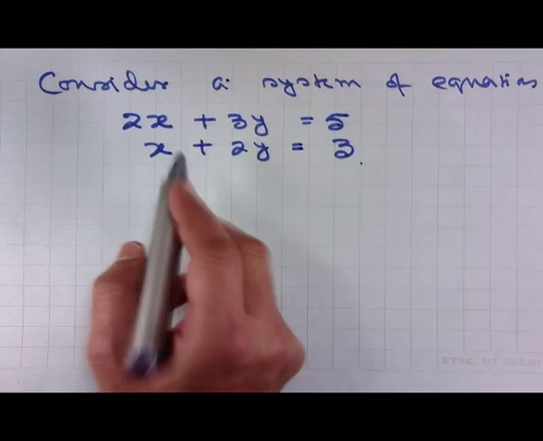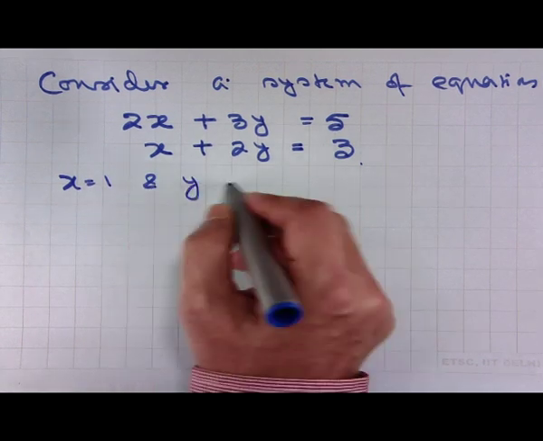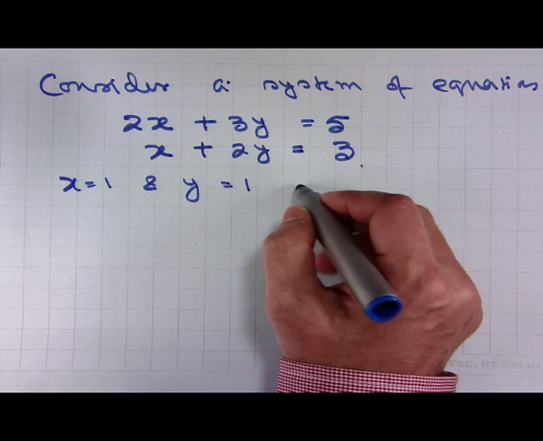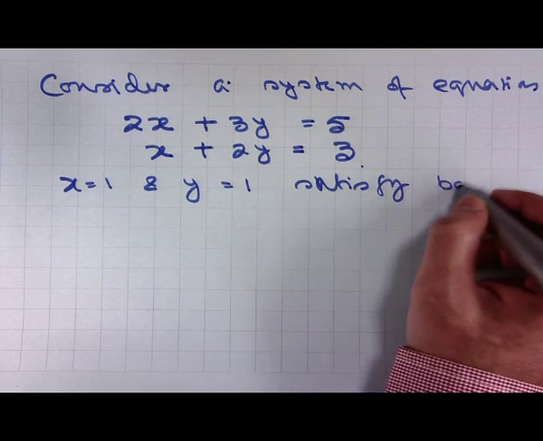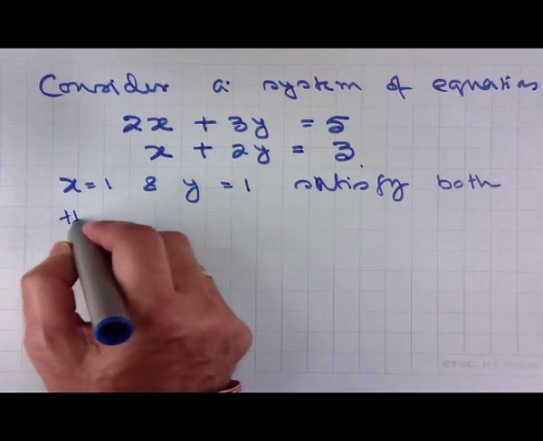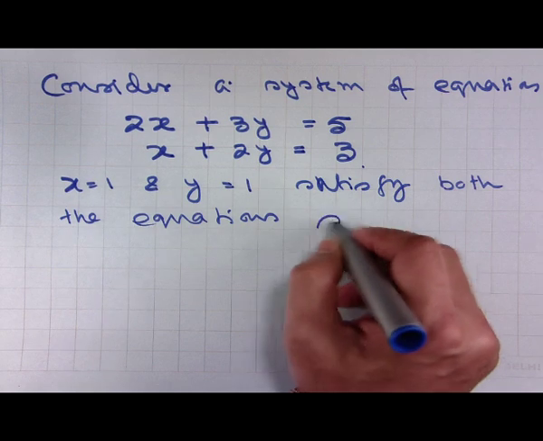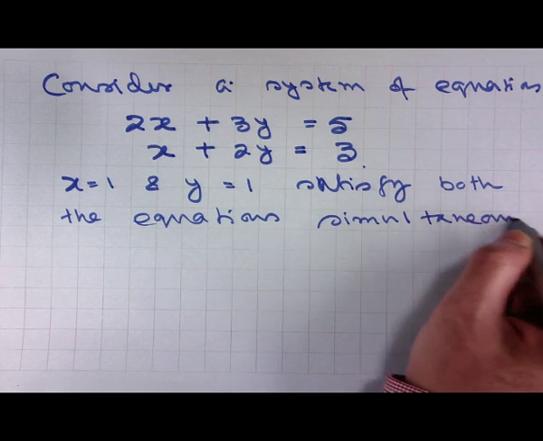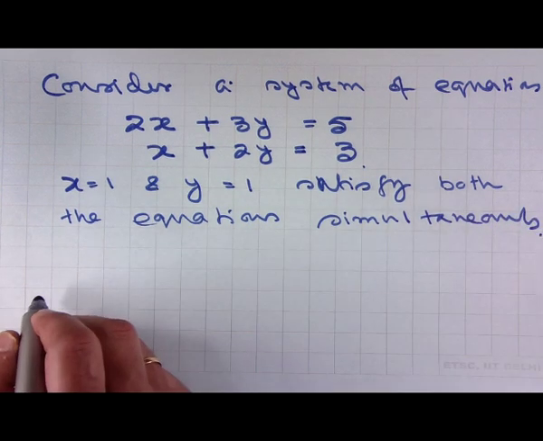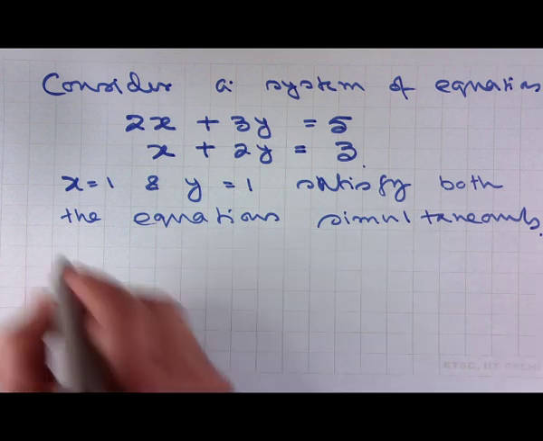We know that x is equal to 1 and y is equal to 1 satisfy both the equations simultaneously. Is it the case all the time? No.